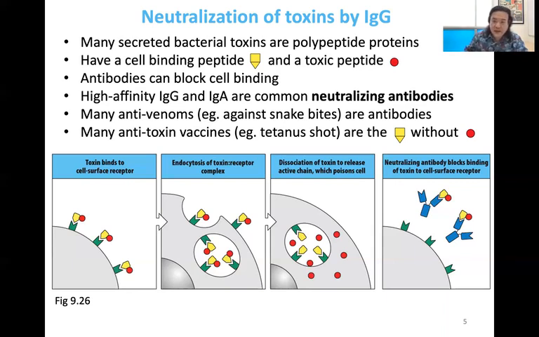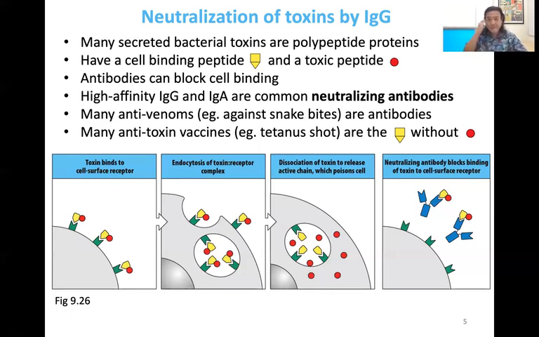So if you get infused with high quality anti-rattlesnake antivenom, that's usually purified antibodies like this. Once that's flowing through your blood, you usually get it infused through an IV drip, it can bind up and neutralize the snake venom and facilitate its elimination from your body.